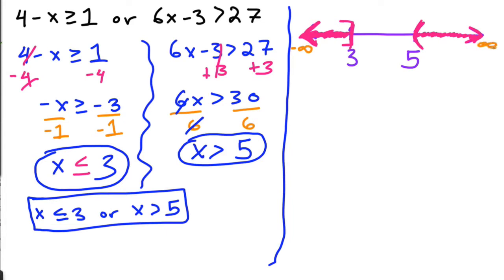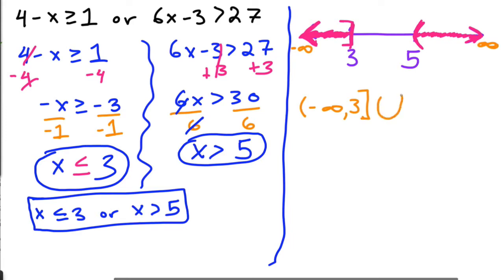And again, although you never reach it. So the way you write this is that you go from negative infinity to 3, and infinity always has a parentheses because you can never actually reach infinity. But 3 has a bracket, again, because 3 is part of the solution.